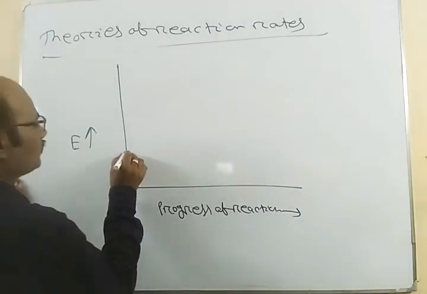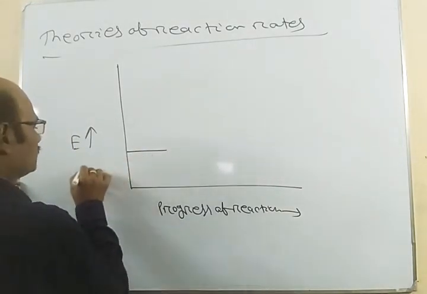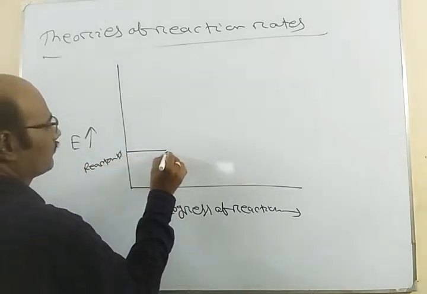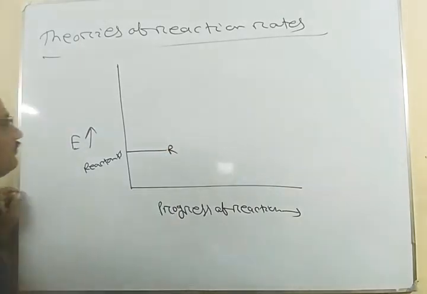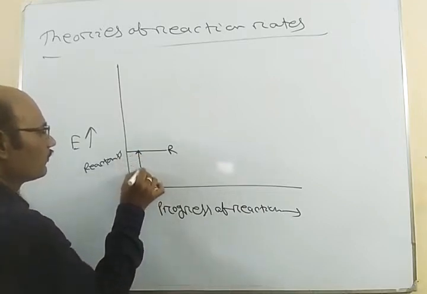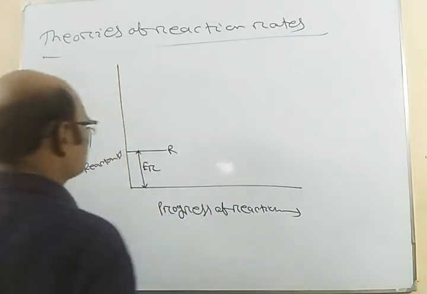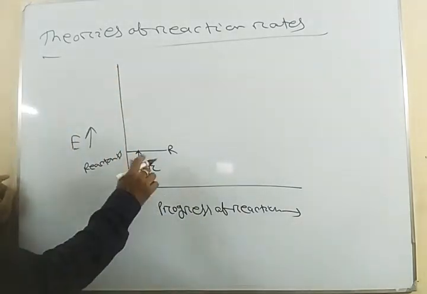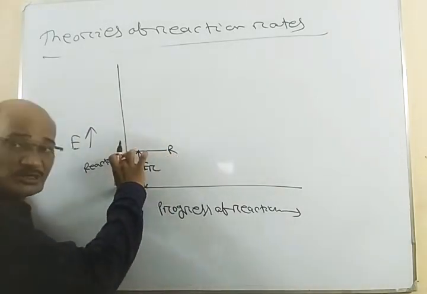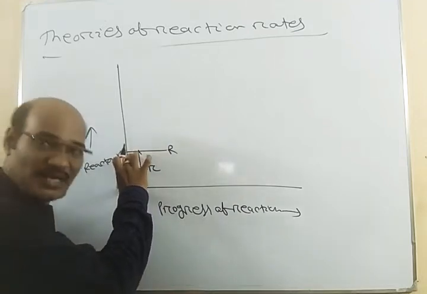And here, suppose I take the reactant R. And this is called what? Energy of reactant. Now, these reacting molecules have this much energy, called the energy of reactant or the potential energy.